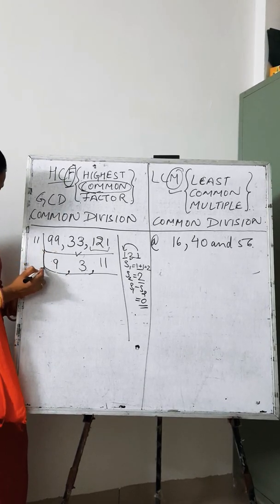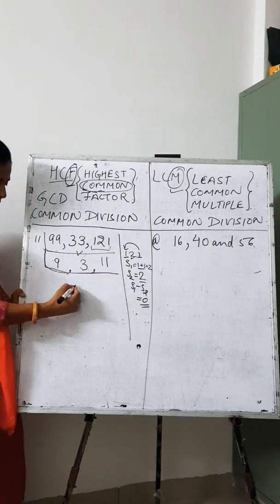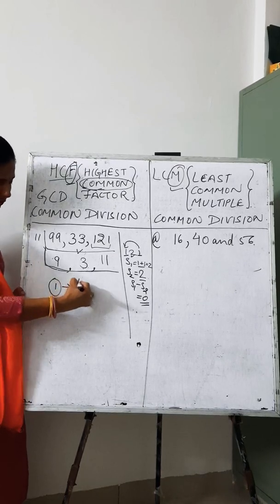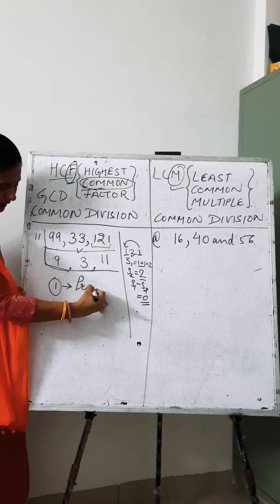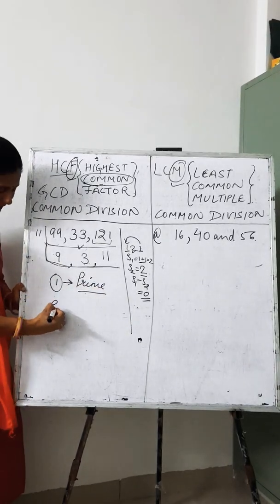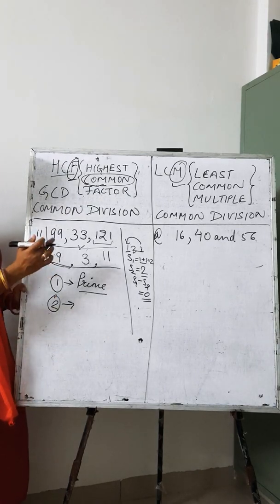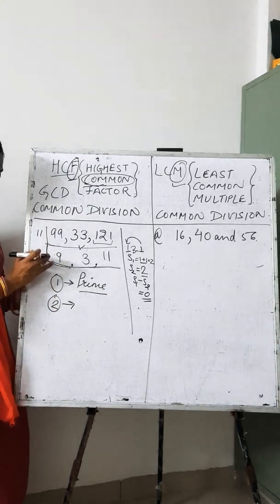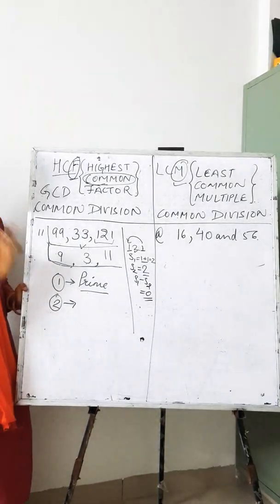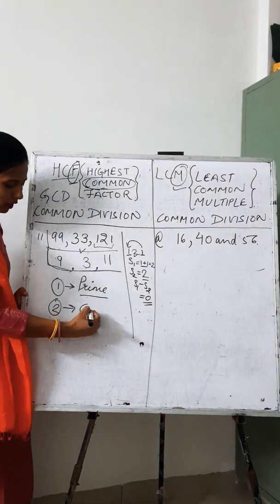Why? Because in the HCF there are 2 cases that you have to follow. The first case is that as soon as you get the prime number, you have to stop your journey. And the second case says that if the given numbers are not going with a single common prime number, then you have to stop your journey.